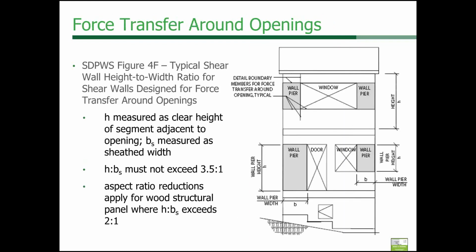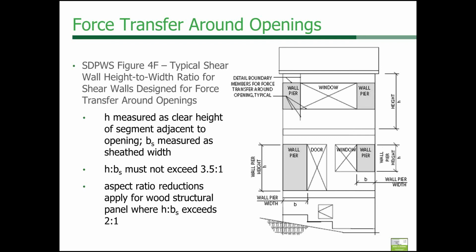Now for force transfer around openings, however, and this is one of the advantages, your aspect ratio is only based on the pier height. So your height would be that actual window height, and your width would be the width of that pier, as shown here. So your wall pier height is here.